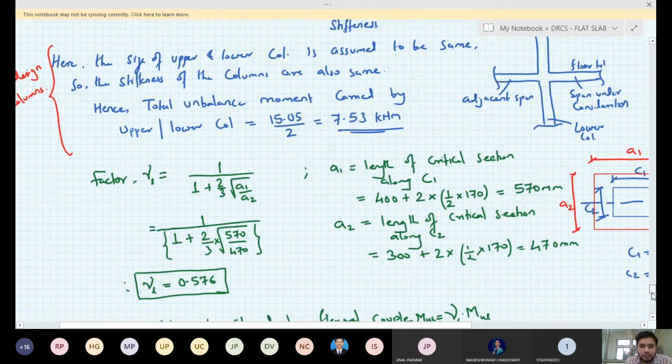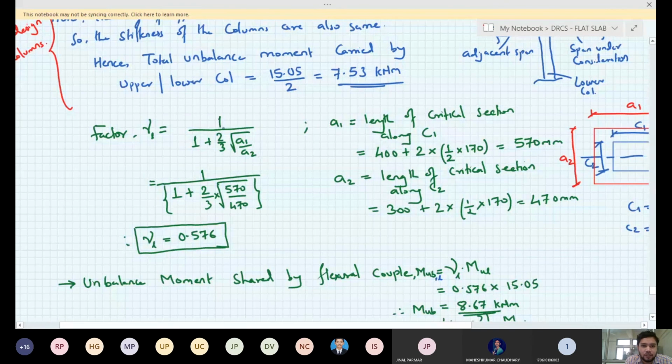So that factor is actually gamma, that is 1 divided by 1 plus 2 by 3 of square root of the critical section along the long direction or along C1, divided by the critical section along C2. So by this factor, the unbalanced moment will be shared by the flexural couple and shear couple.